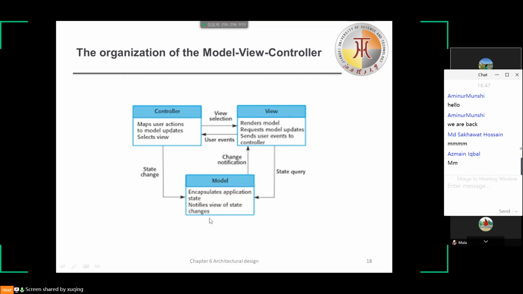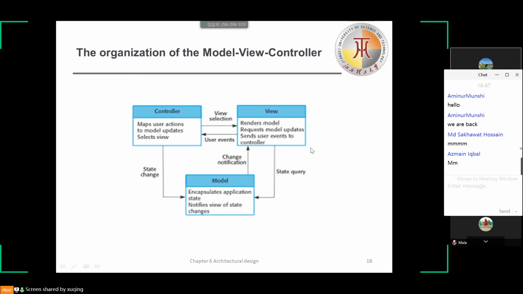The model component manages the system data and associated operations. These operations encapsulate application state and notify the view of state changes. So the model component manages these operations on that data.